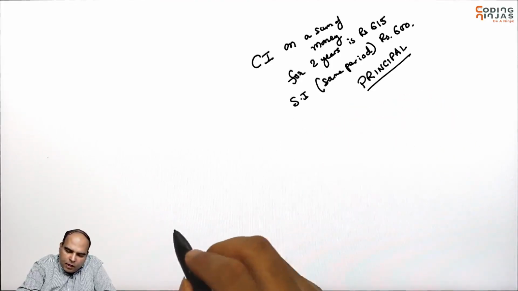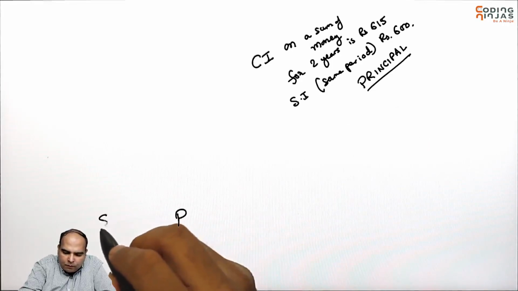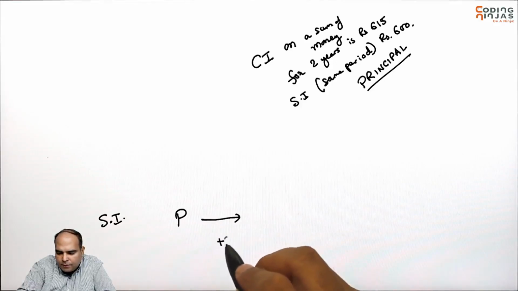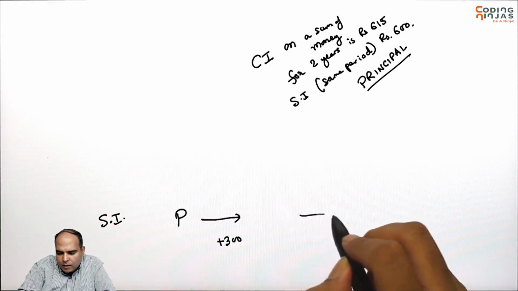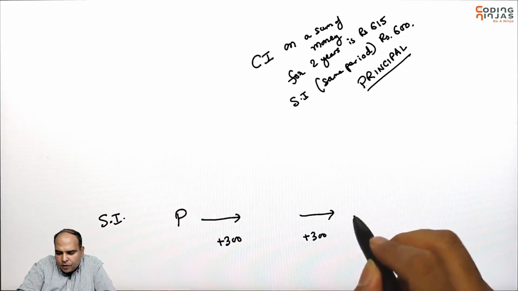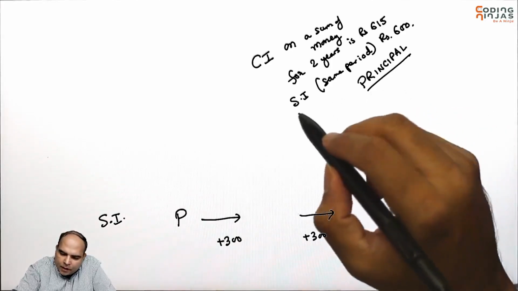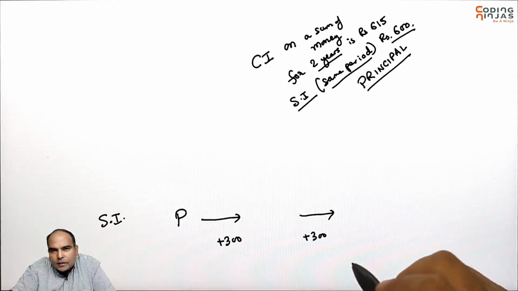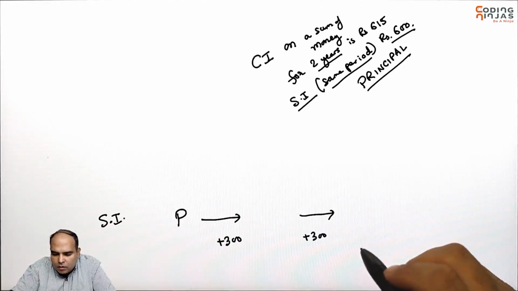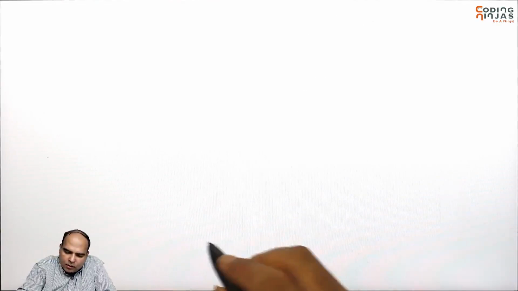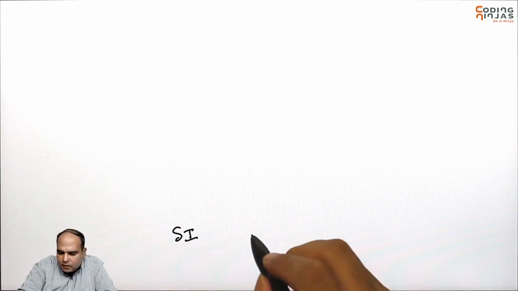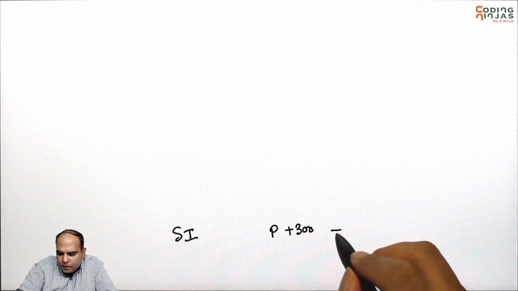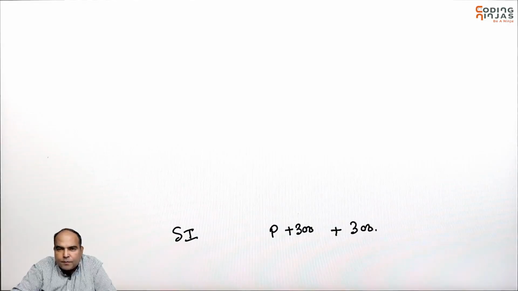If we think of a principal as P and we think of the simple interest structure first, P is growing by 300 for 2 years, because if the simple interest for 2 years is 600, same period here means 2 years, that means the annual interest is 300. So on the simple interest construct, the first year simple interest is 300 and the second year also the simple interest is 300.